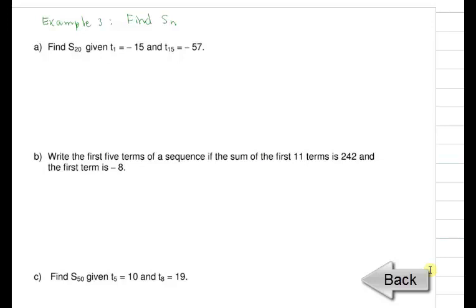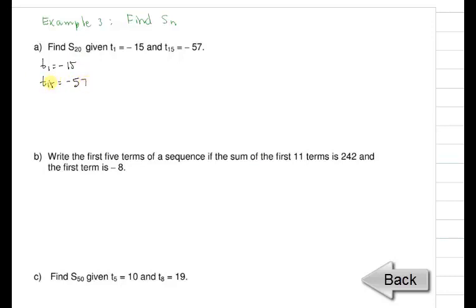For A, find S20 given that T1 equals negative 15 and T15 is equal to negative 57. Let's write down what we know. We know that T1 is negative 15. We know that T15 is negative 57.